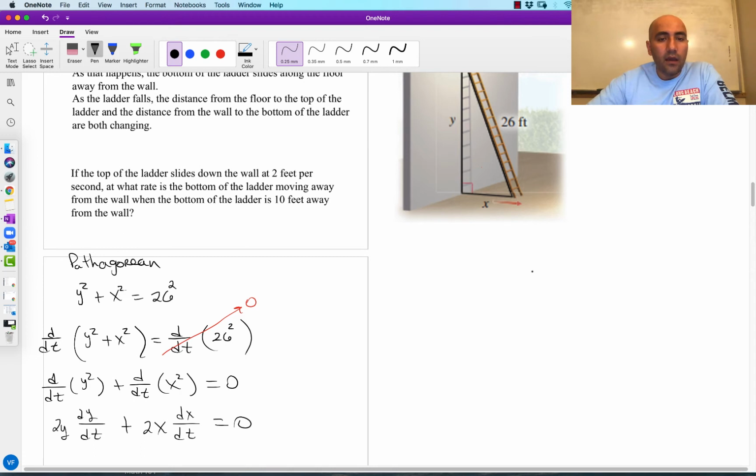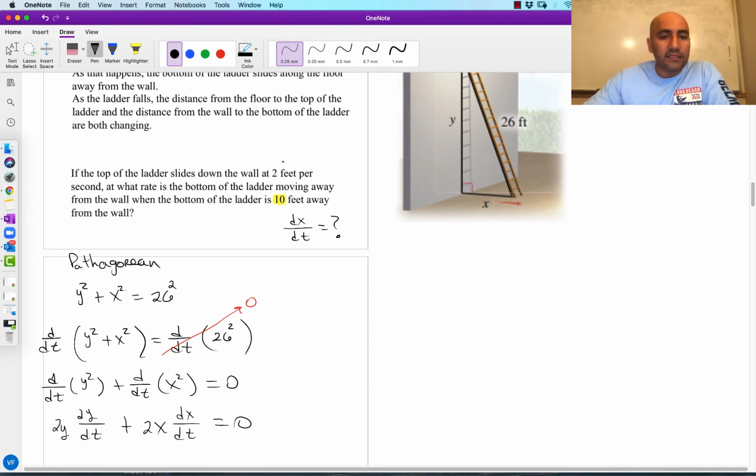So when x equals 10, right? That's what this is saying. They want to know what is the rate of the bottom of the ladder moving. Okay, so dx dt is the question mark.